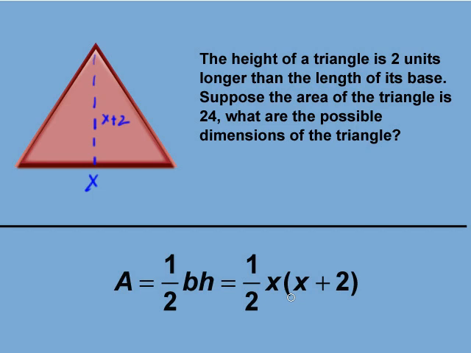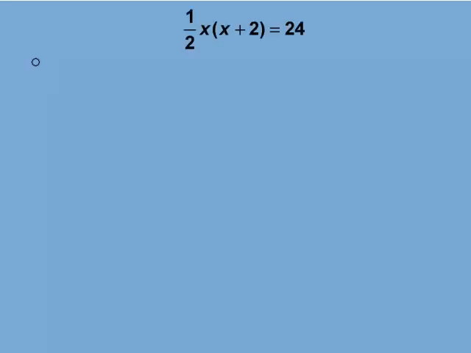Furthermore, we're told that this area is equal to 24, which results in this quadratic equation. First, multiply both sides by 2 to get rid of the 1/2. Next, move the 48 to the left side of the equation, which changes its sign, and we are left with this quadratic equation in standard form.